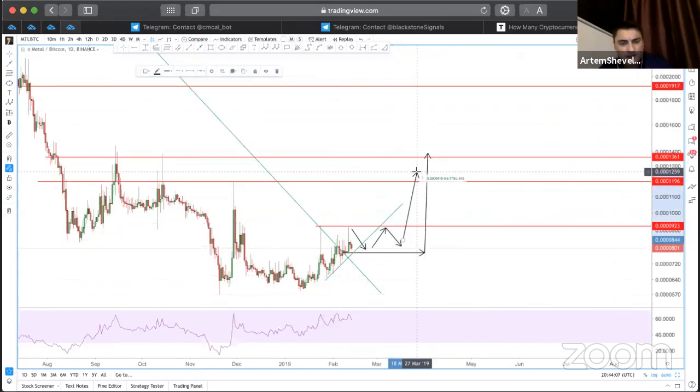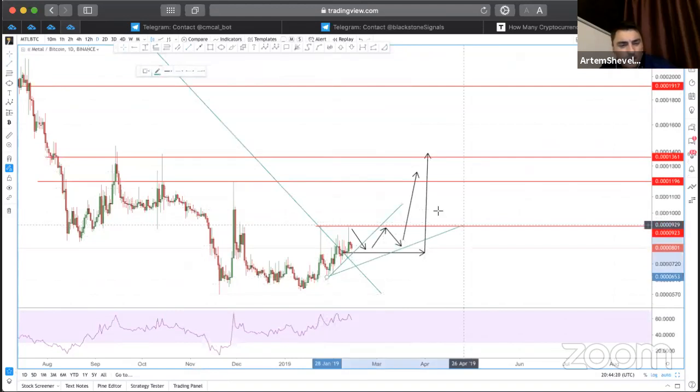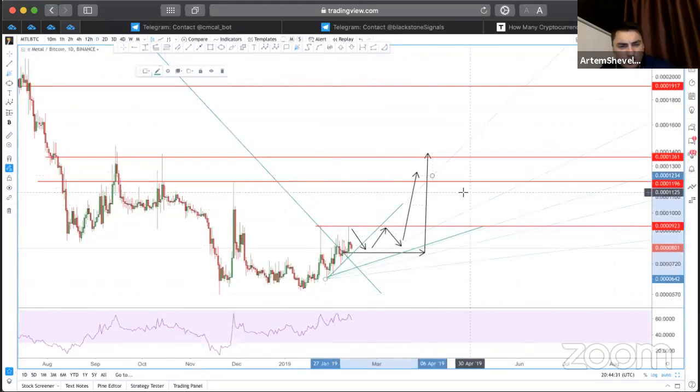Because this trend line has a really big angle, I don't like how it looks, so I'm thinking the price is probably going to make another trend line here like this. We can use Gann lines here like this, so we're going to have other trend lines.